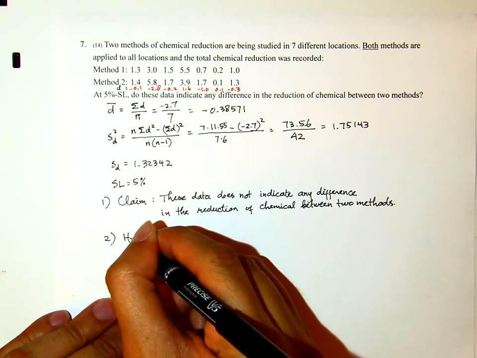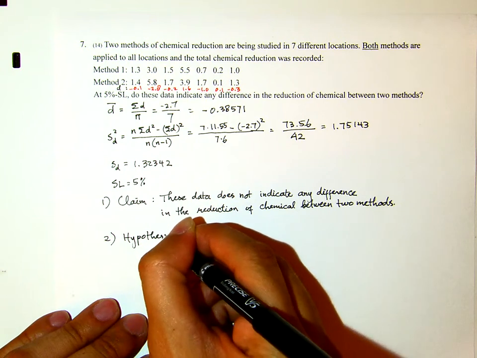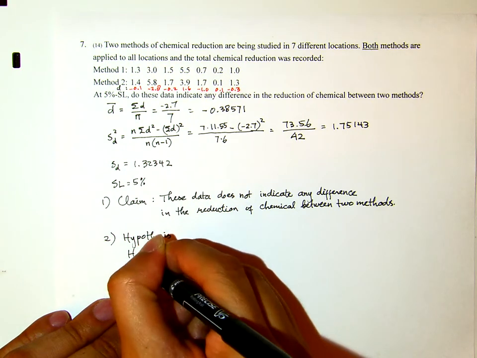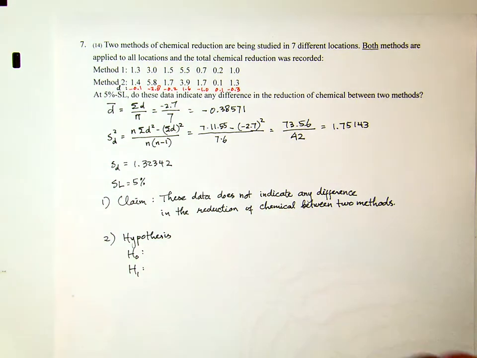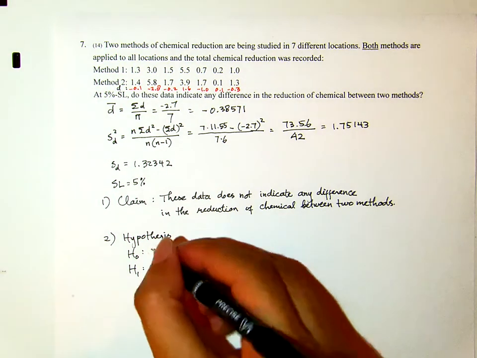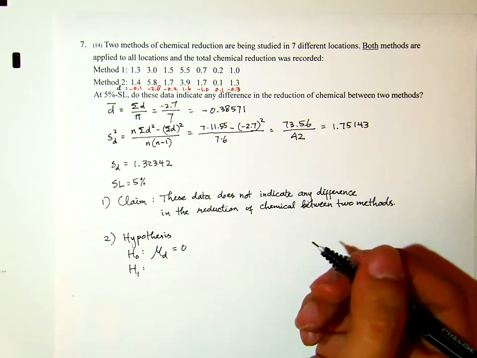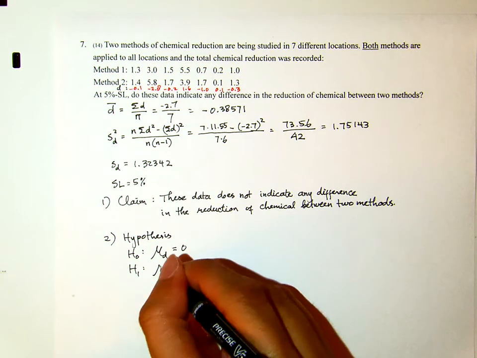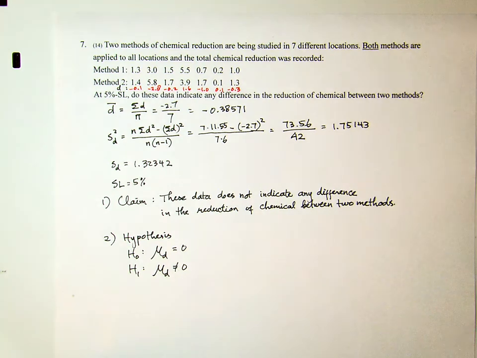Step 2, the hypothesis. Null hypothesis, alternate hypothesis. If it doesn't indicate any difference, it means the mean of the difference is 0. If it does indicate some difference, then the mean of the difference will not be equal to 0.